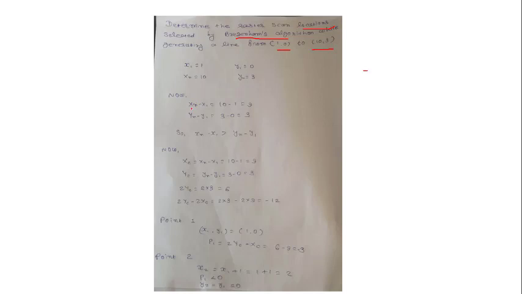Now we will find xn minus x1, it is delta x, and it is 10 minus 1 is equal to 9, and second one is delta y, yn minus y1, is 3 minus 0 is equal to 3. So from this it is clear that delta x is greater than delta y.